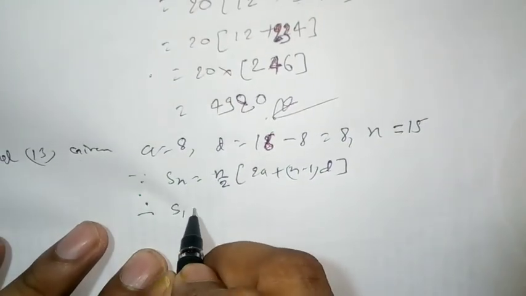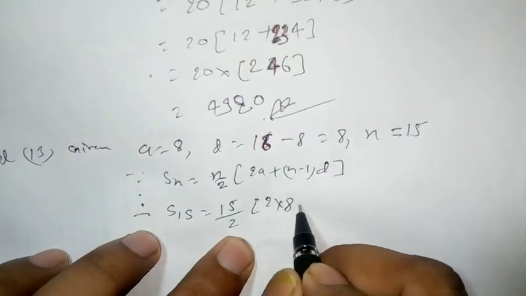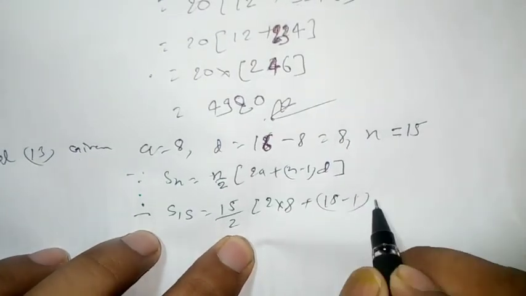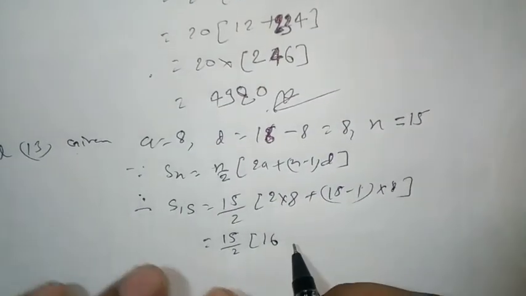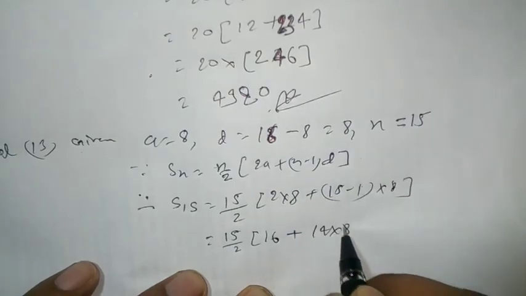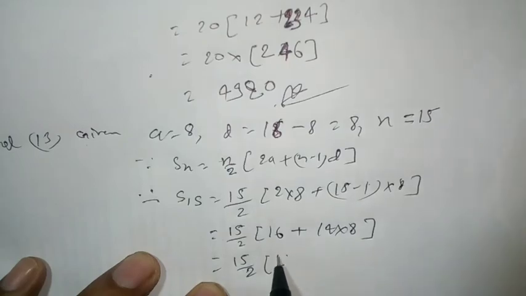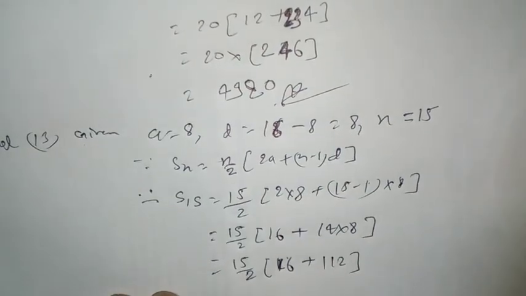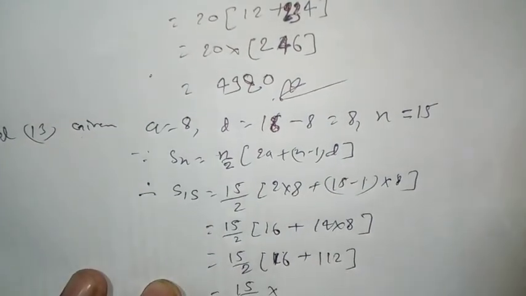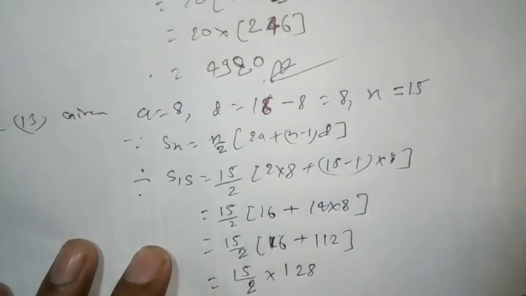S15 is equal to 15 by 2 into 2 into 8 plus 15 minus 1 into 8 is equal to 15 by 2 into 16 plus 14 into 8 is equal to 15 by 2 into 16 plus 112 is equal to 15 by 2 into 128.